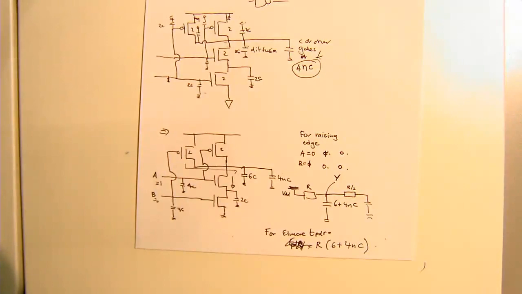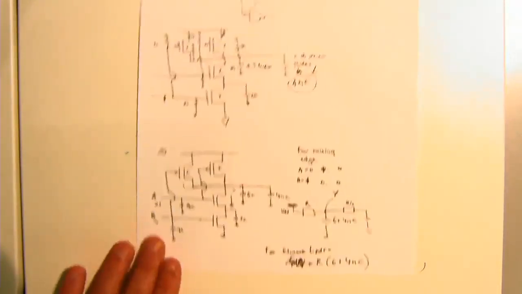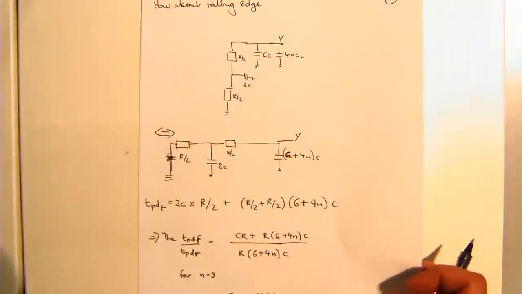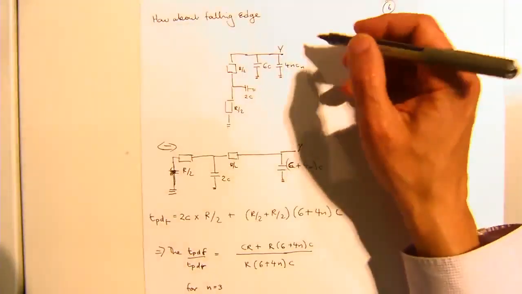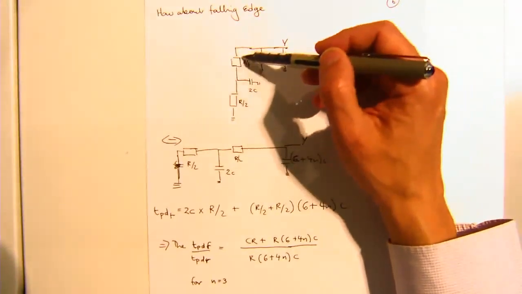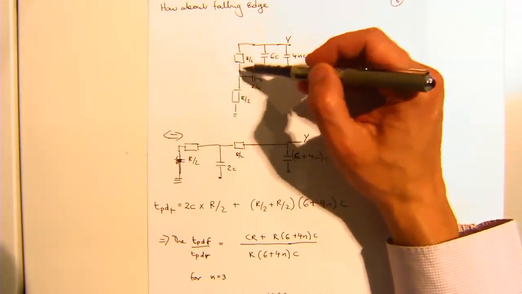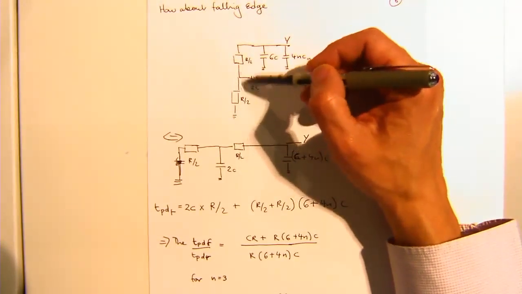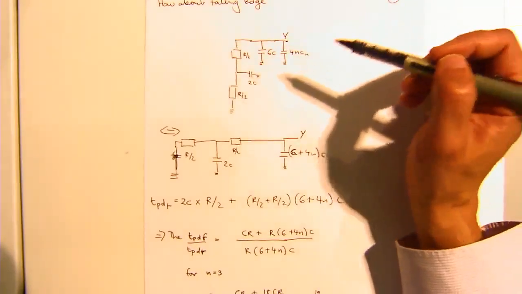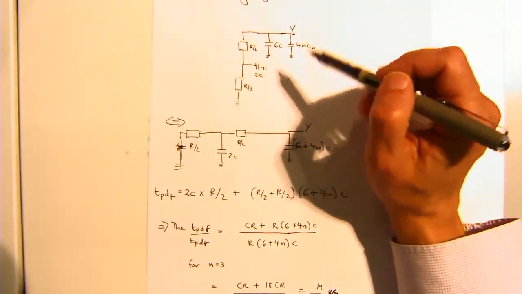So that's the rising. And we can do the same for the falling, only now if we're looking at the falling, we've got to look at both the NMOS devices being on, the PMOS devices are off.